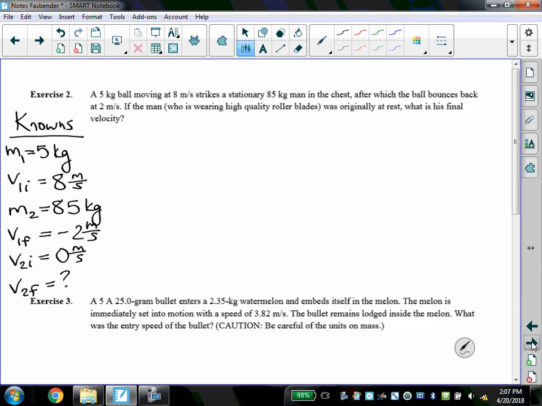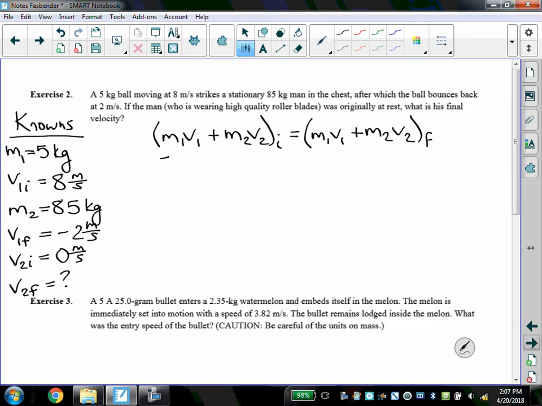So if we take our conservation of momentum, we would say that the mass times the velocity of the ball plus the mass times the velocity of the man before they collide has to equal the mass times the velocity of the ball plus the mass times the velocity of the man after they collide.